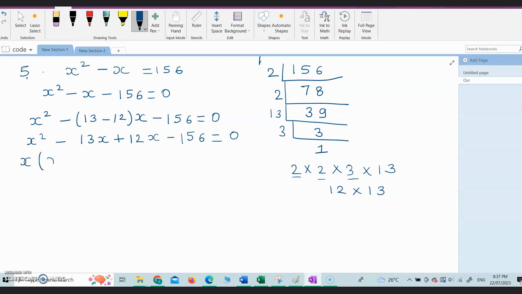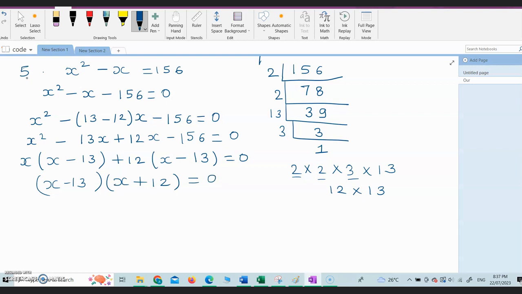We will take x common, so it will be x minus 13 plus 12. I am taking 12 as common, so again 12 into 13 is 156. So x minus 13 will come over here as well. Now I am taking x minus 13 common, so the remaining terms will be x plus 12 equals 0.